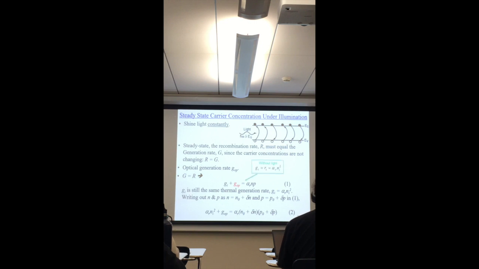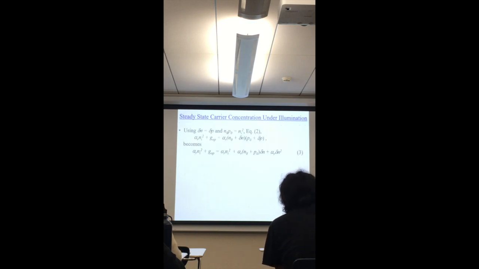So you can see if there's no light, without light, the generation rate, which is due to thermal generation, will be the same as the recombination, right? Which equals alpha Ni squared. Okay. Right? But here you will see we have optical generation, and that's why we have this excess carrier. Okay.